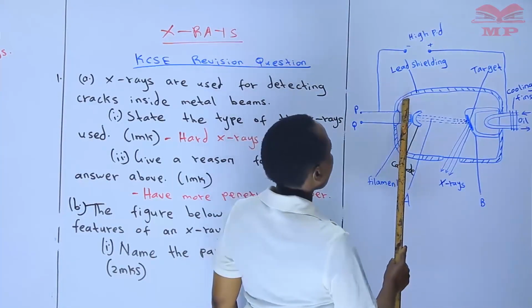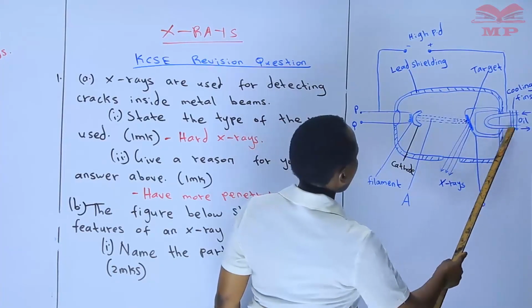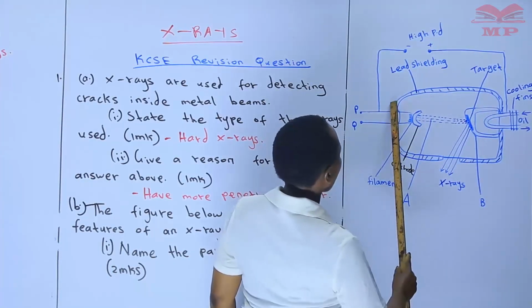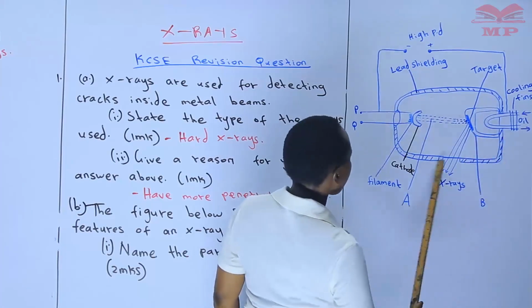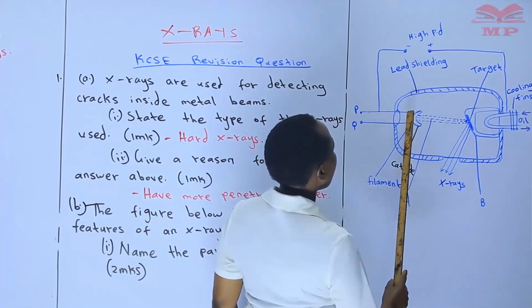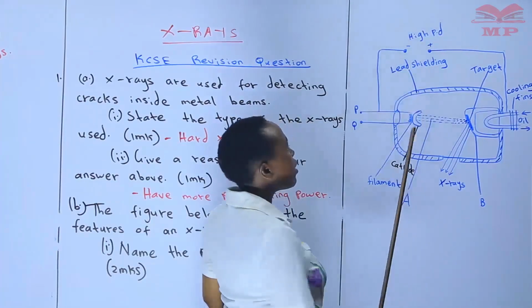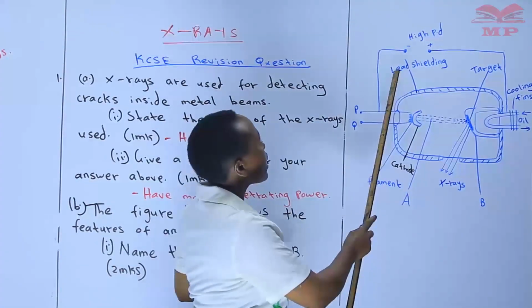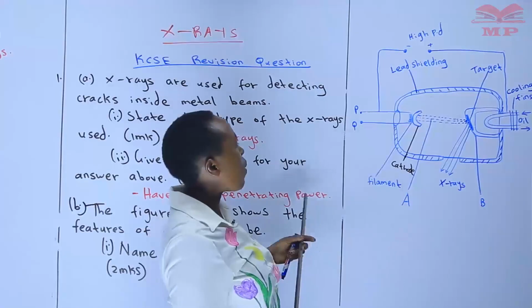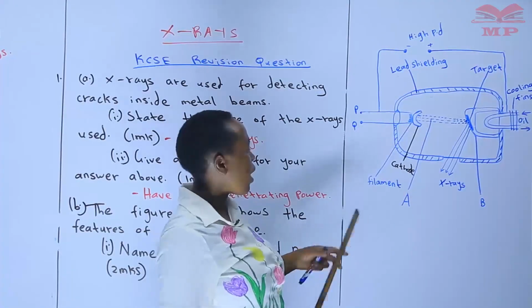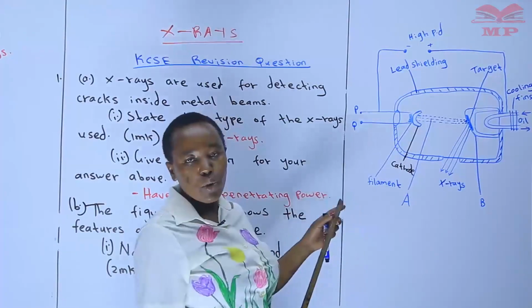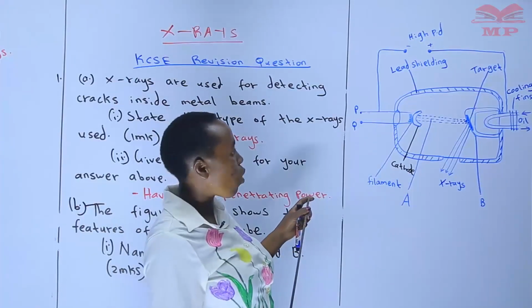You can see that around this production of the X-rays, it is coated with lead. So we have lead shielding, and we use lead in an X-ray tube to absorb any X-ray that is produced at an undesirable angle.